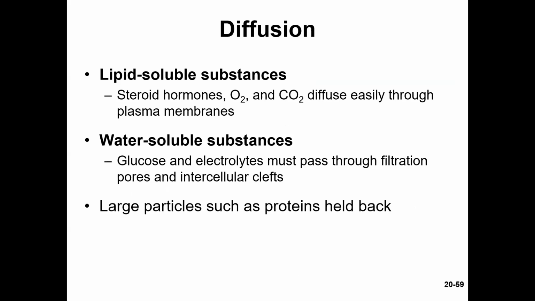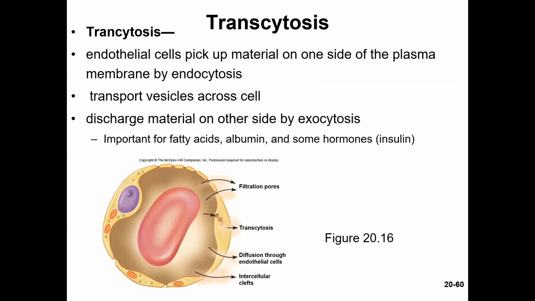Lipid-soluble substances, such as steroids, hormones, oxygen, and carbon dioxide, diffuse easily through the plasma membranes. Water-soluble substances like glucose and electrolytes must pass through filtration pores and intercellular clefts. Large particles, such as proteins, are held back.